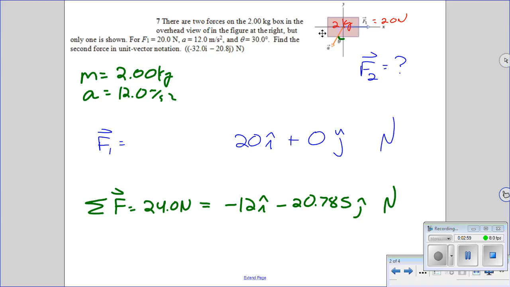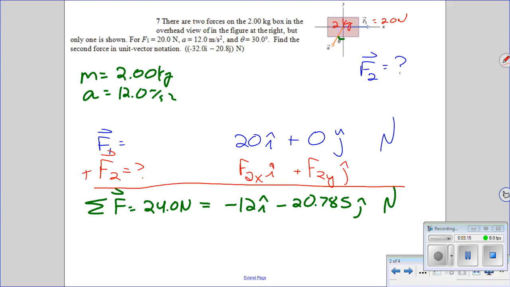And then we're trying to find our missing force. So force 2, this is the thing we're looking for. We need F2x in the i direction plus F2y in the j direction. Those have got to add up, right?